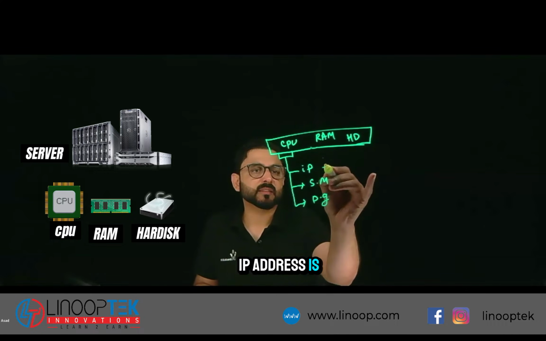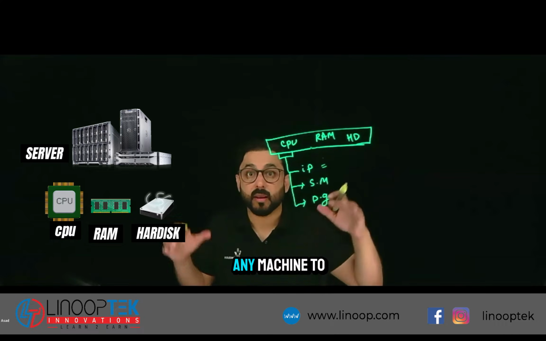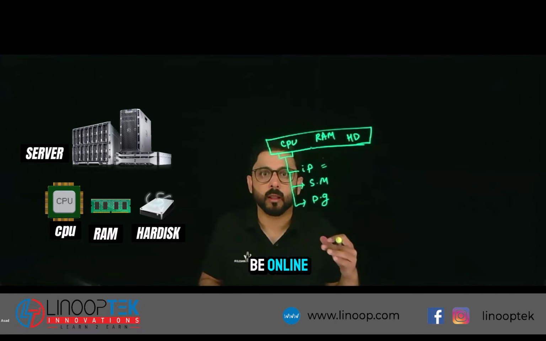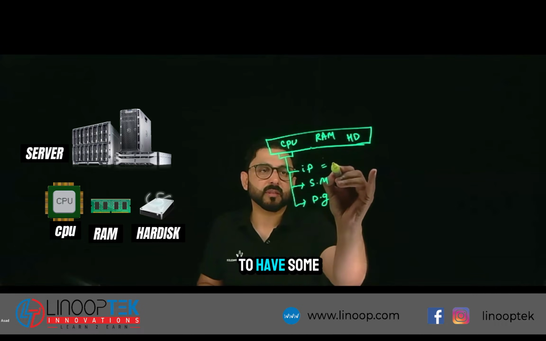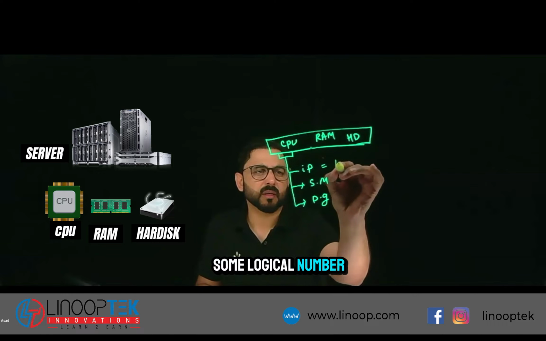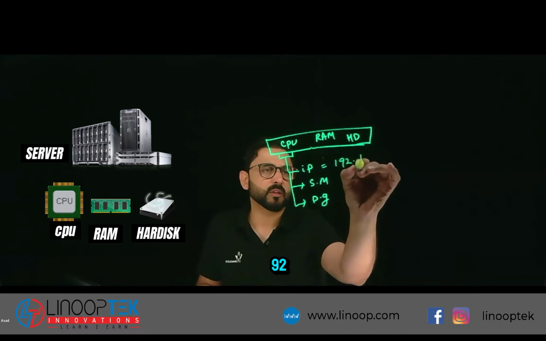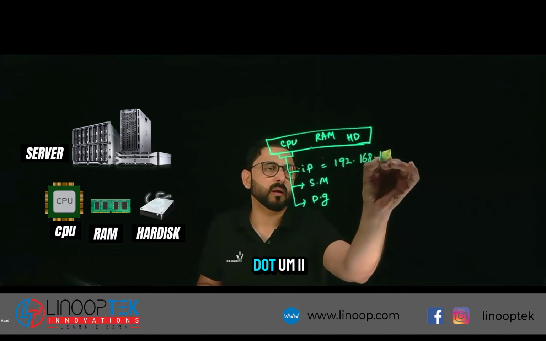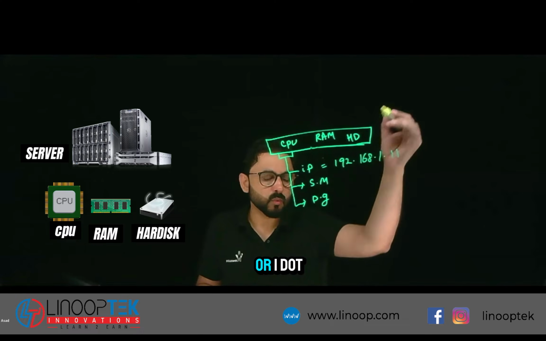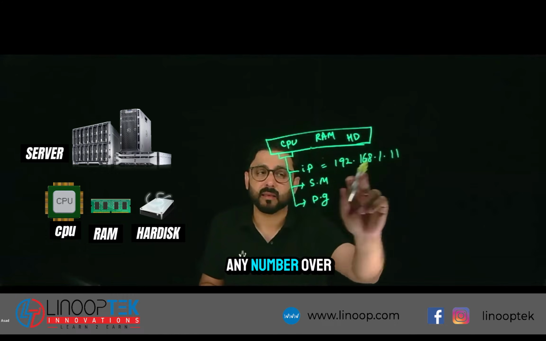IP address is a must for any machine to be online. So you need to have some IP address, some logical number. It must look like this: 192.168.1.11 or 1.12. It could be anything, any number over here.